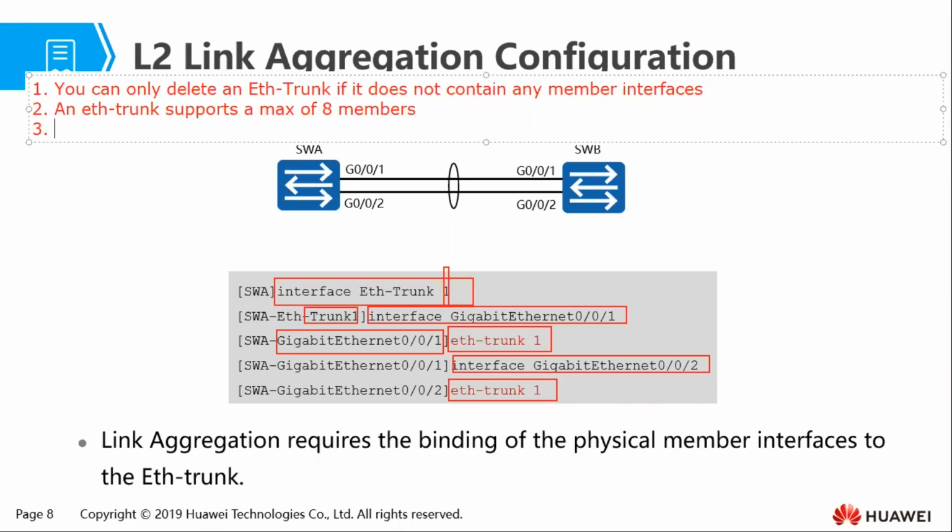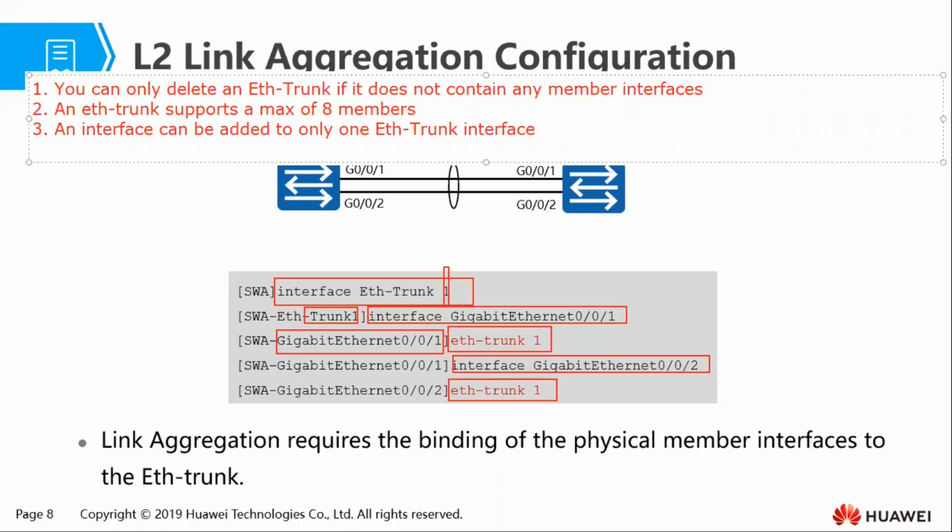Another one, an interface can be added to only one ETH trunk. So a physical interface cannot be added in more than one.